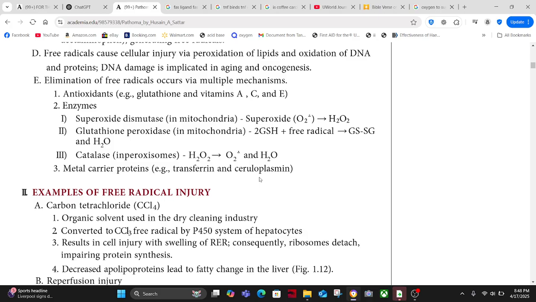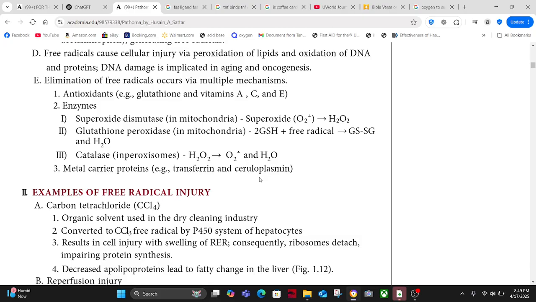Remember how we said copper? Copper is a metal, and to protect our body from a buildup of copper, the metal carrier proteins like transferrin and ceruloplasmin hide the metal, so free radicals are not generated.